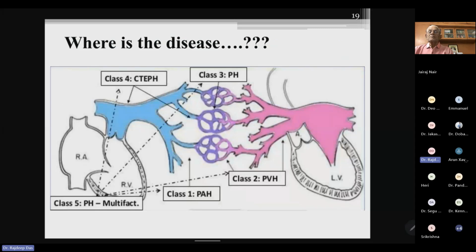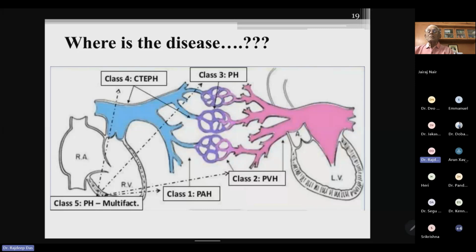These classes can be explained by where the disease process is, like class 1, PAH, which is the primary pulmonary arterial hypertension; class 2, which is the pulmonary hypertension due to left heart disease, the left side of the heart.